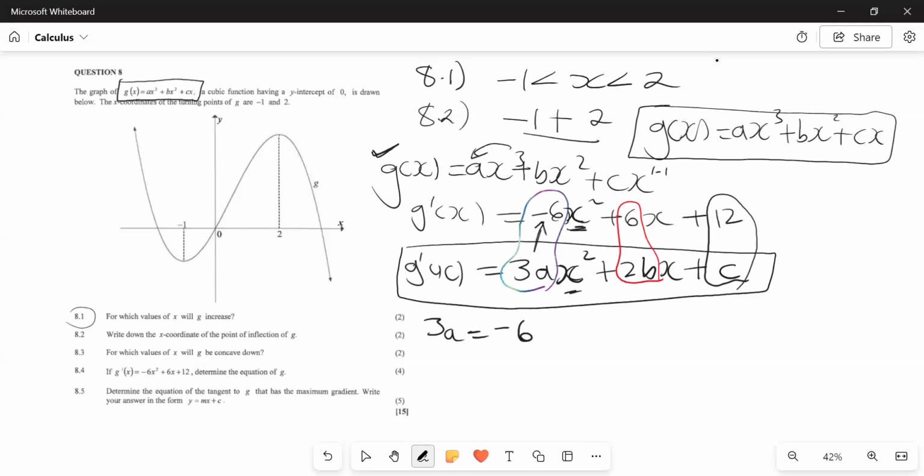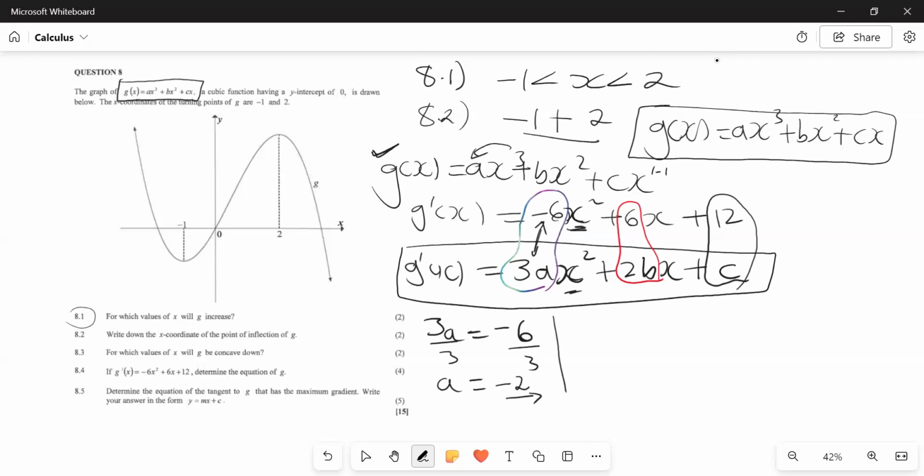are coefficients of x squared. We divide by 3, and a is equal to -2. Now we continue.